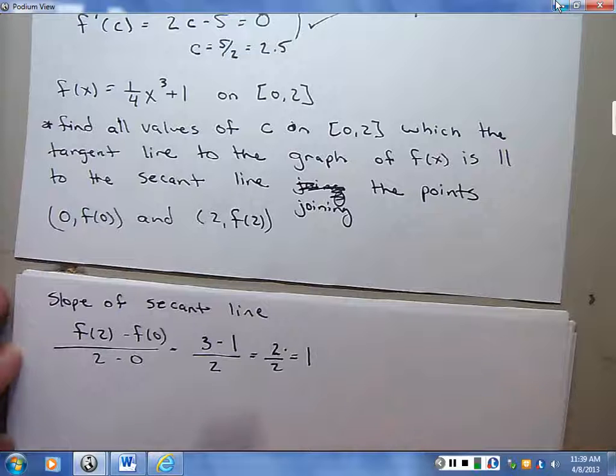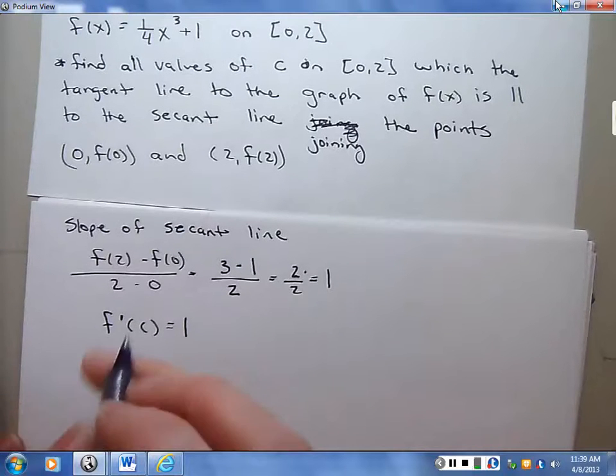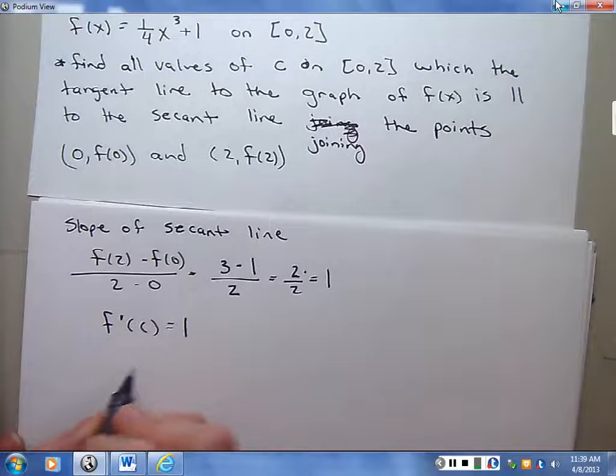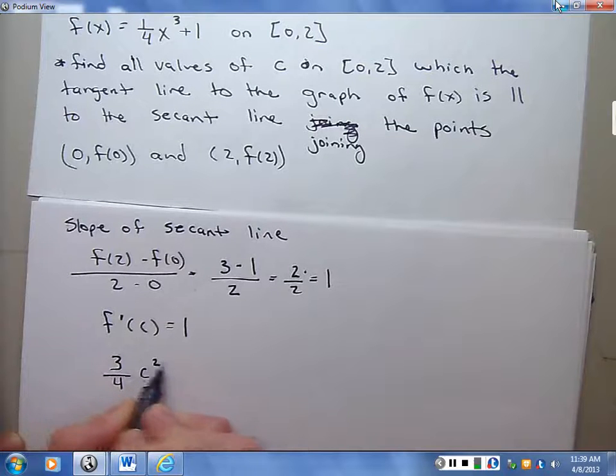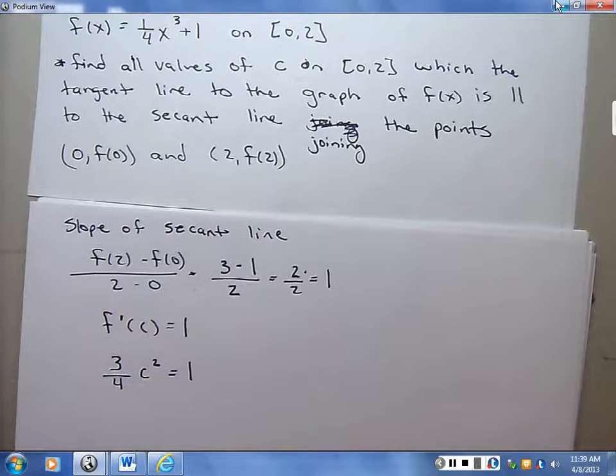Right? So now I want to solve for when the derivative equals 1. So what is the derivative at c? Well, the derivative would be 3 over 4 c squared equals 1. I'm just replacing x with c.